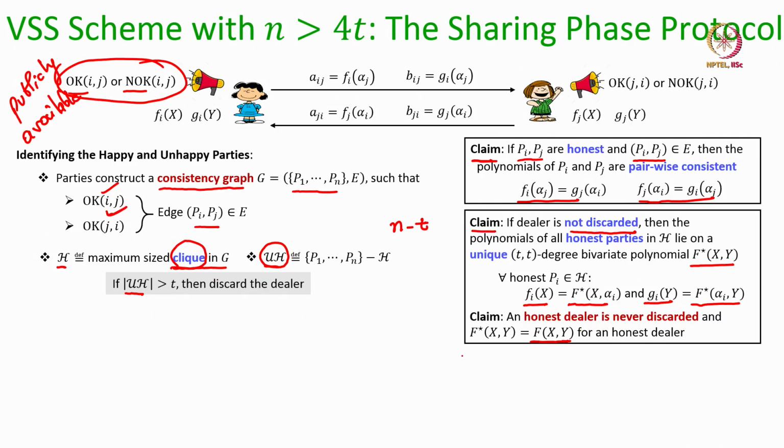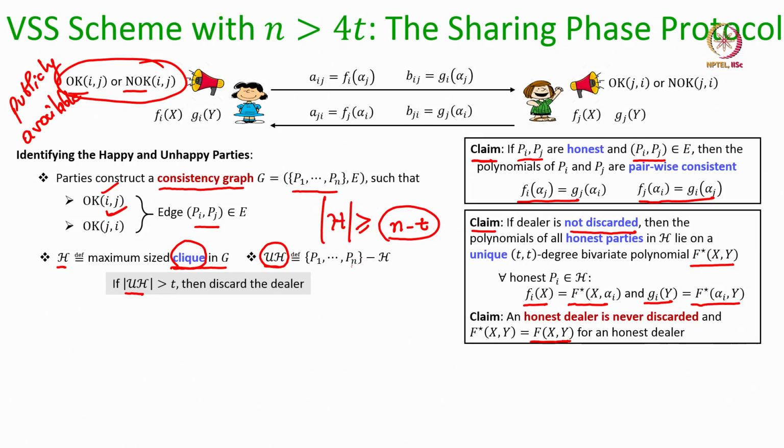Well, this claim is correct because if the dealer is not discarded, then we know that there are at most t unhappy parties. That means, there are at least n minus t parties in the happy set, and up to t parties in the happy set might be corrupt.